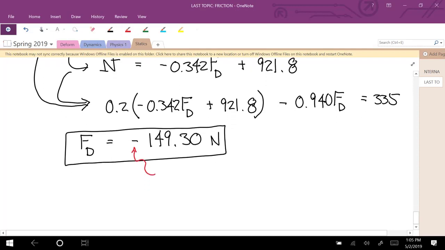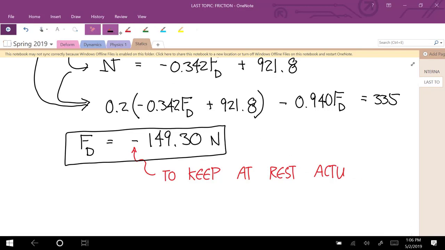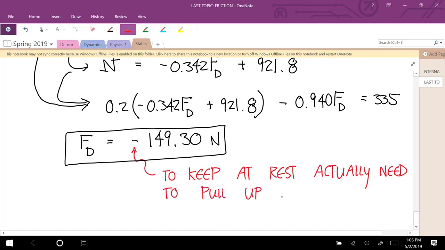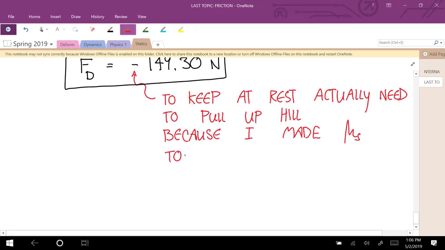That means to keep this at rest, you actually need to pull up the hill, because I made mu sub s too small.